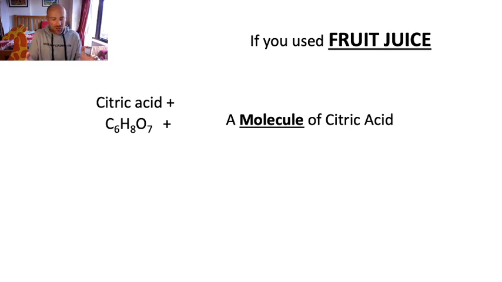And by molecule I mean the smallest repeating unit of citric acid. These things are tiny. It's a few atoms, this molecule, isn't it? We can't see it, and there's millions of these molecules in the orange juice. But when we do chemistry, the symbol equation just shows you the simplest unit of that thing, the simplest building block of citric acid.